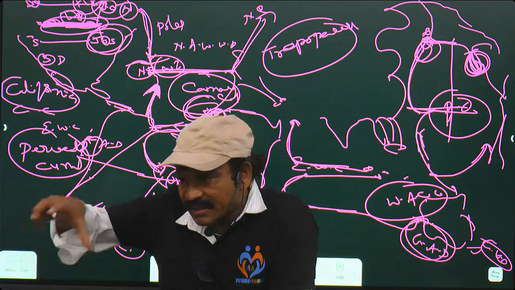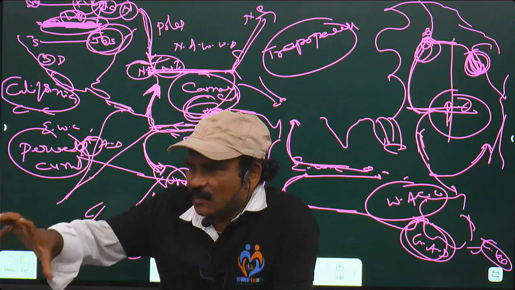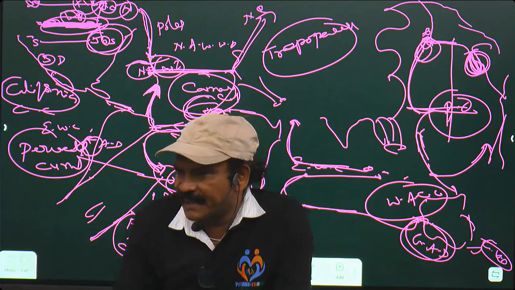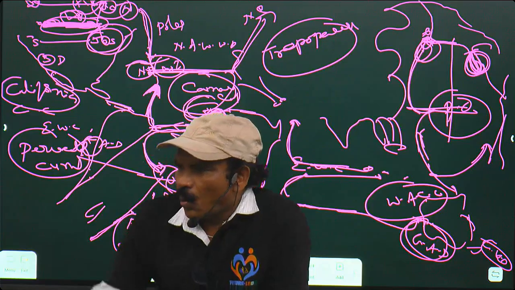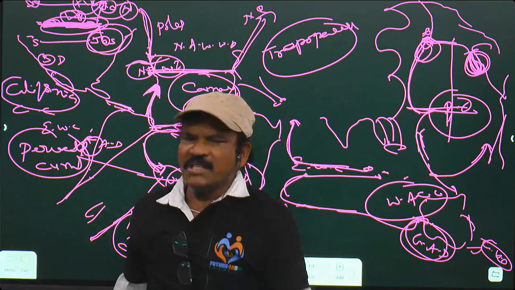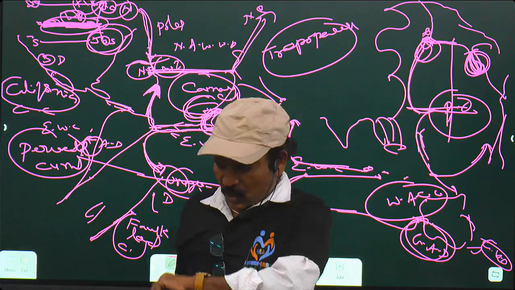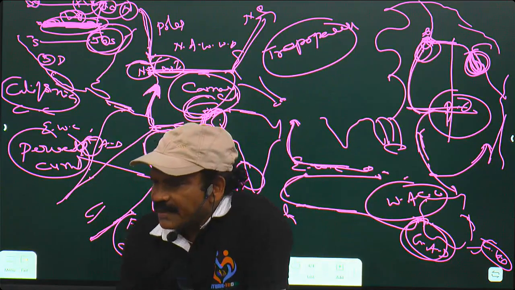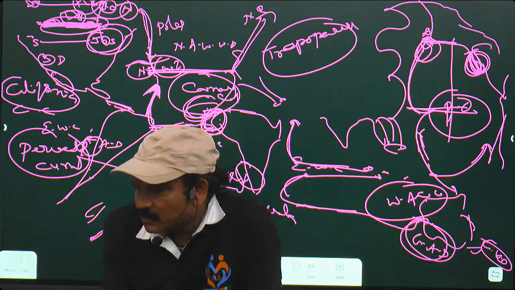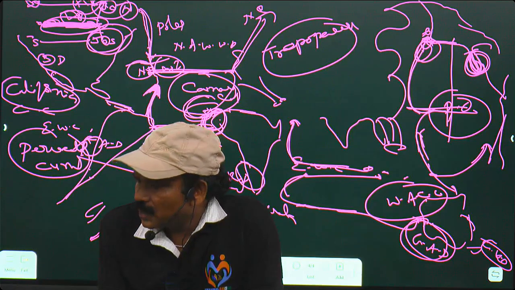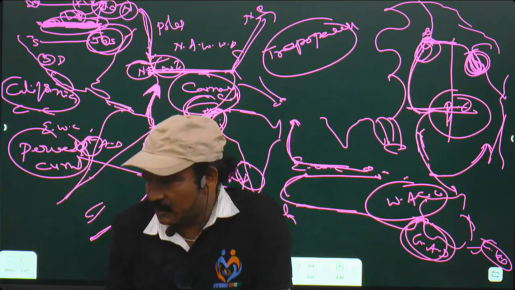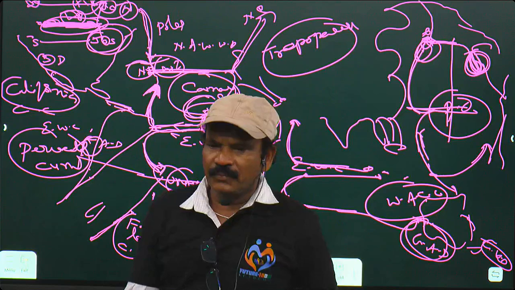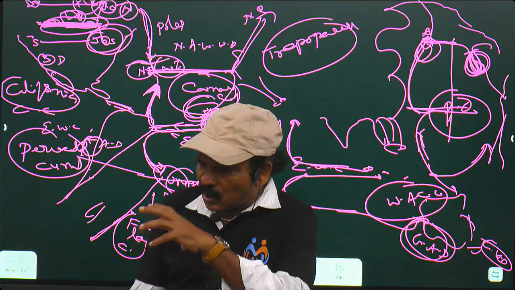At the same time, warm currents are originated near the equatorial area due to high temperature.